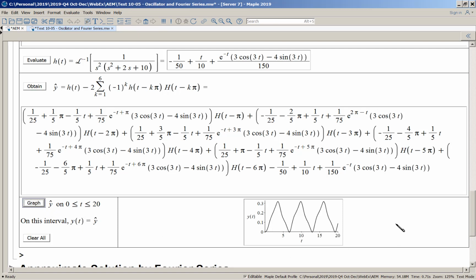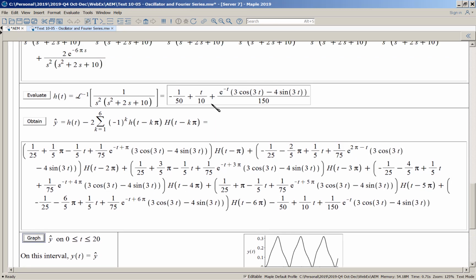So there is a graph of the exact solution, exact on at least 0 to 20. And why can I make that claim? Well, what was the first term that we neglected? The term we neglected was an e to the minus 7 pi s. And what would that have resulted in the solution?